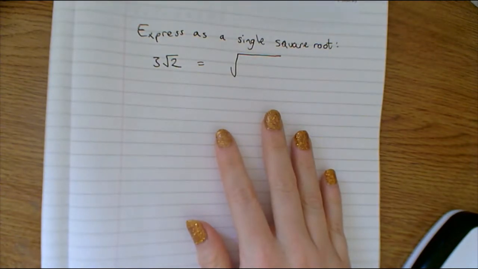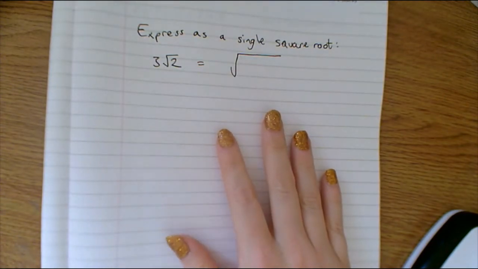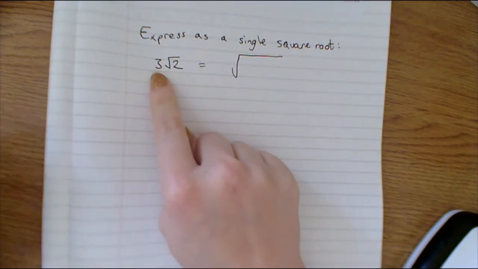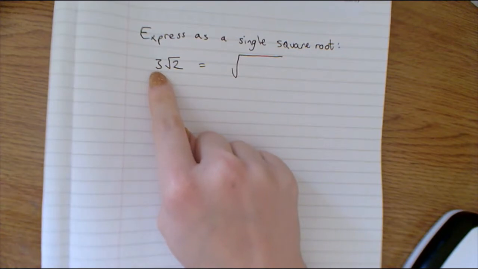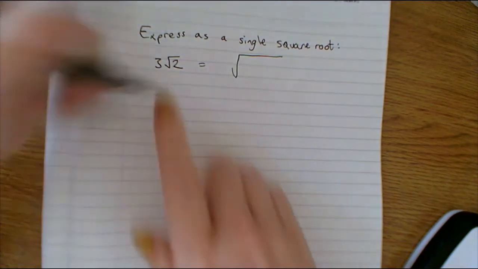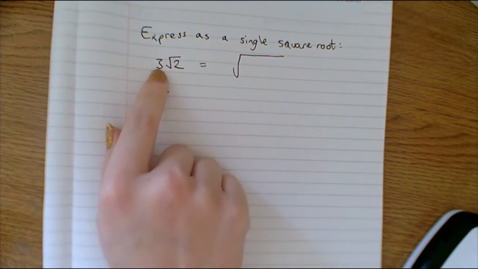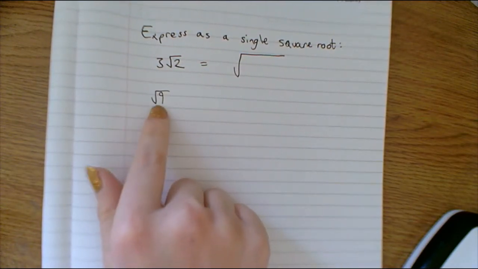So we're going to do the opposite to what we just did in these first examples. With those first examples, we found the factor was a square number. So now we're going to think, well, what is 3 squared? Or how else can I write 3 like this? This 3 can also be written as root 9, because 3 squared is 9 and root 9 is 3.